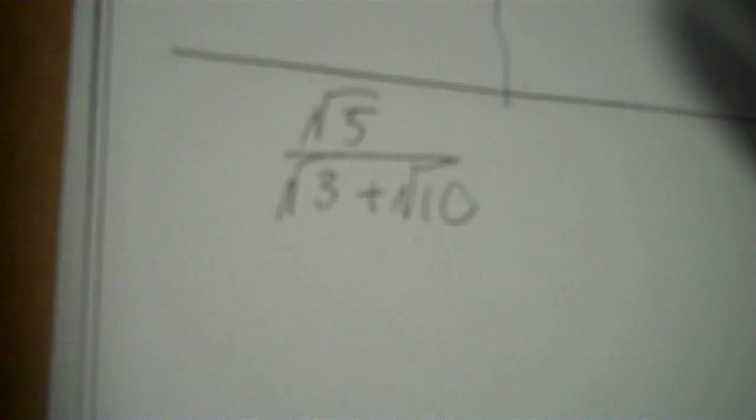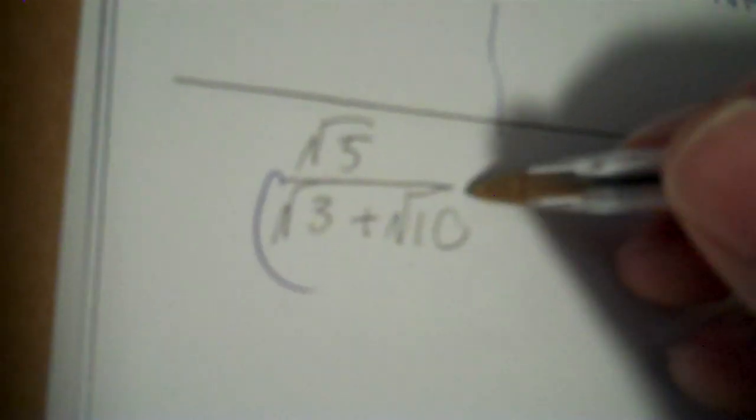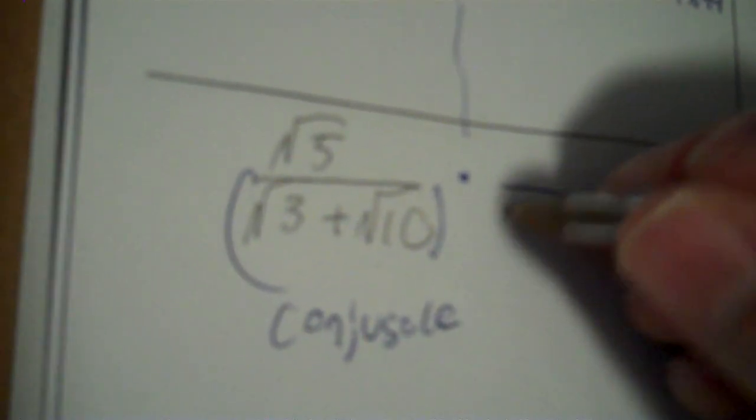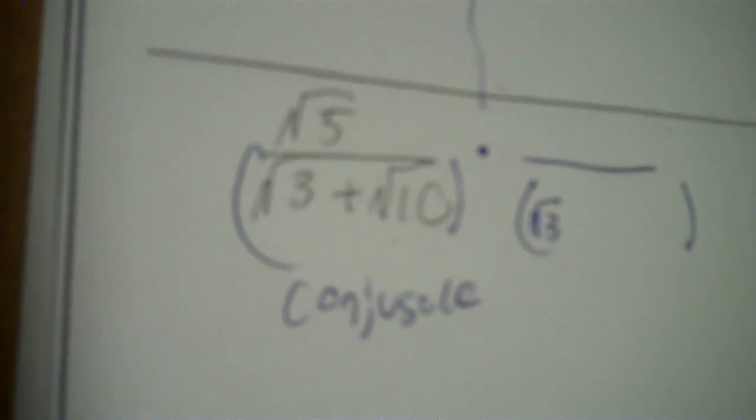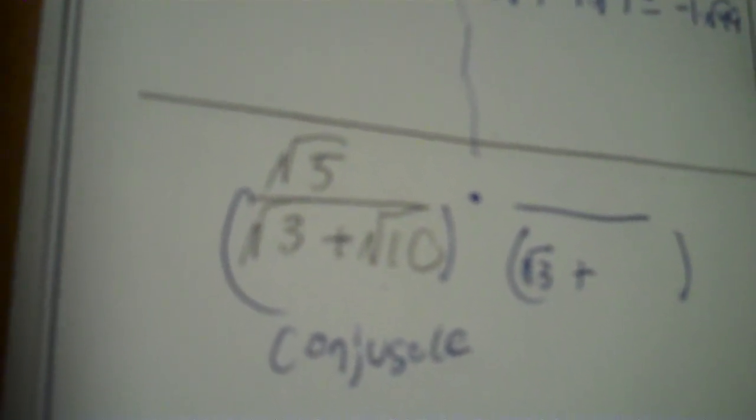Okay, next one. You see that plus or minus. If it's a plus, you use the conjugate method to get rid of the square roots from underneath the bottom. So the square root of 3 is going to stay the square root of 3. Then I put the plus, but then that square root of 10 can't be the same thing. Remember, a conjugate's not the same.